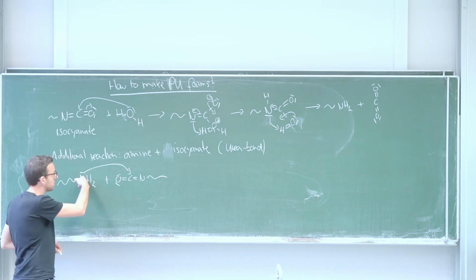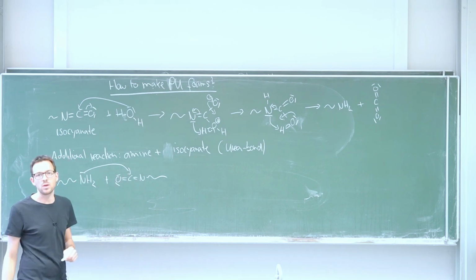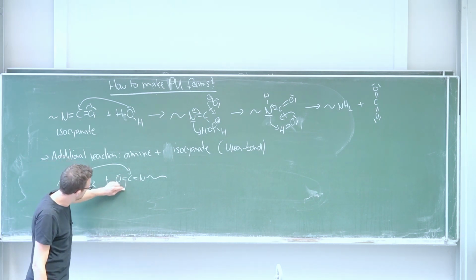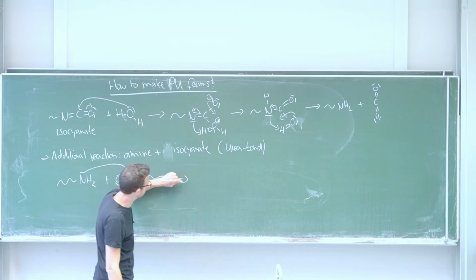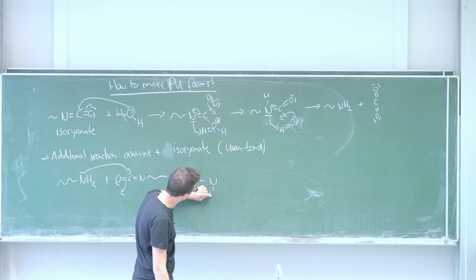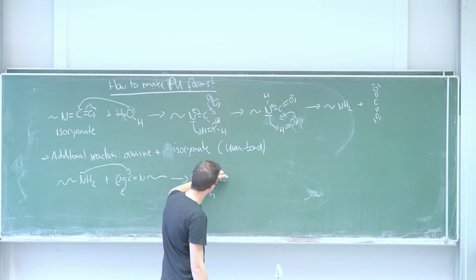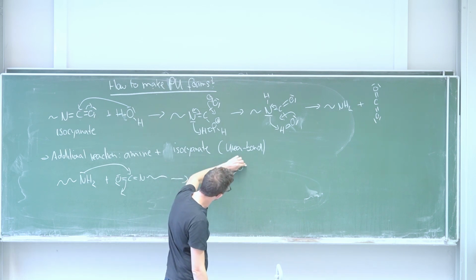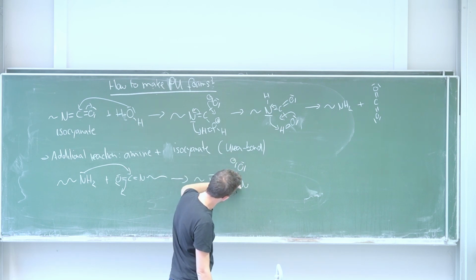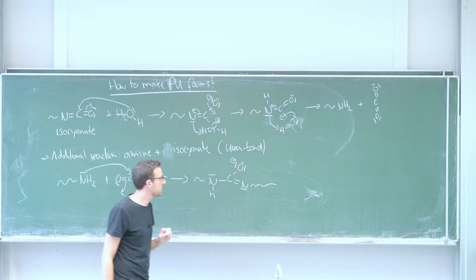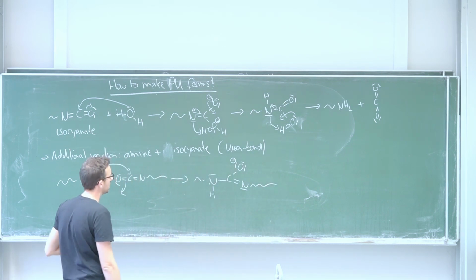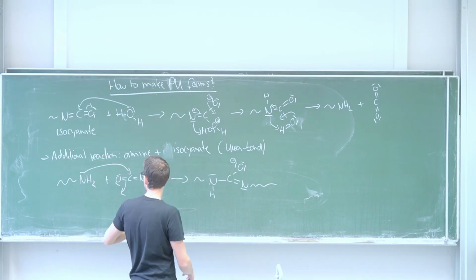The amino group has a lot of electrons, attacks the electron deficient carbon. This opens up, so we create in the first step this adduct, and somewhere I forgot a plus.